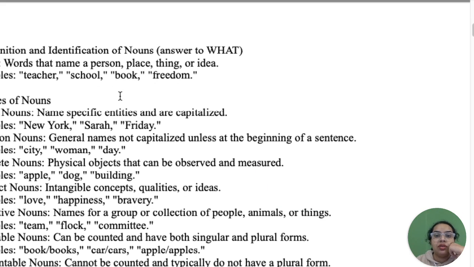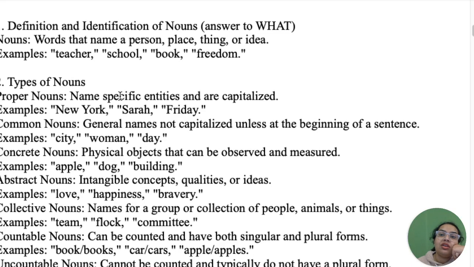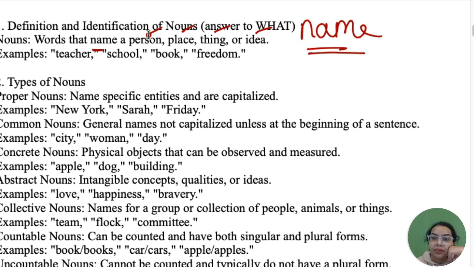Let's start with basic understanding of nouns, okay? So to understand what nouns are, you simply have to question what, okay? Of course, you know the definition that a name given to a person, a place, a thing, or idea, any name which you get is a noun.